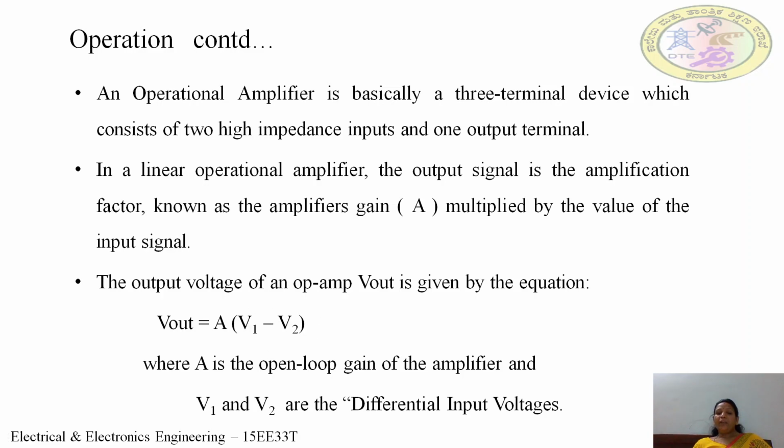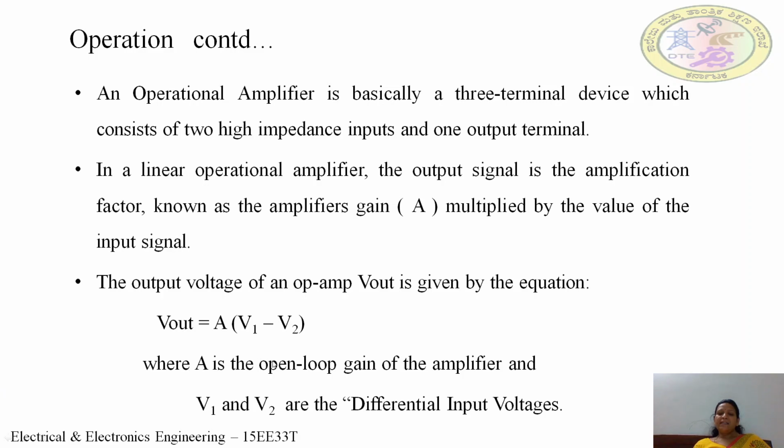So V1, V2 are the two voltages applied at the two input terminals of the operational amplifier. The difference of this, that is V1 minus V2, multiplied by the amplifier gain, which is called A, would be the output voltage. So this is the equation which governs the operation of the operational amplifier.